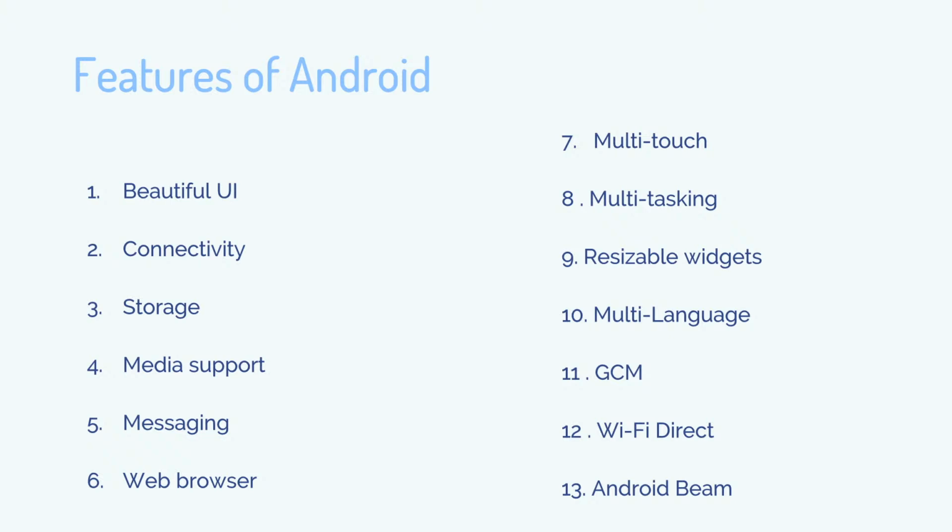And then the features of Android. We have a beautiful UI, which we already discussed, like Oxygen OS, MIUI, Color OS. These are some of the company OSs. But a purely Android OS is called stock Android.